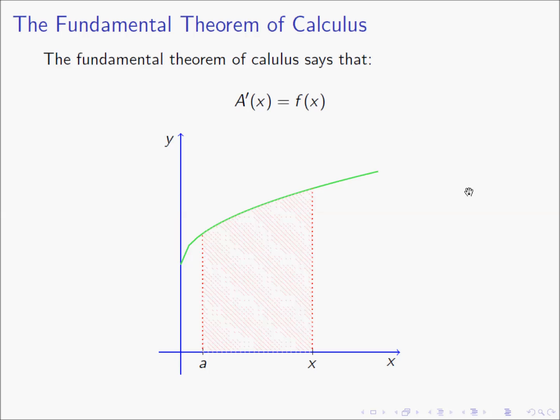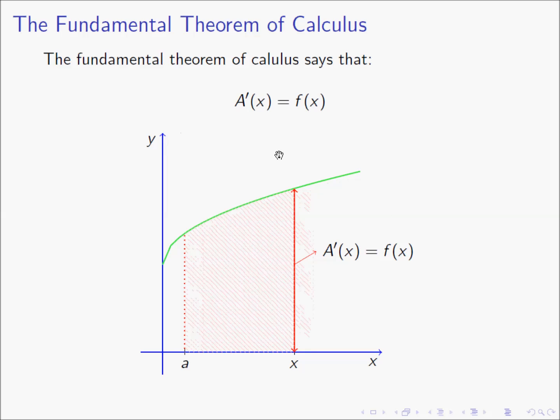That is, the rate of change of this area function at the point x equals the value of the function f, that is of this green function here at the point x.